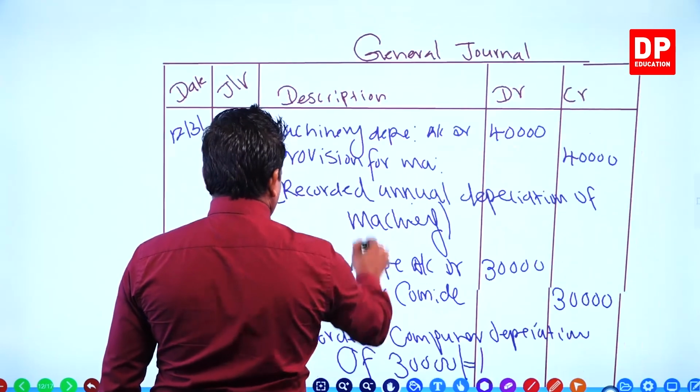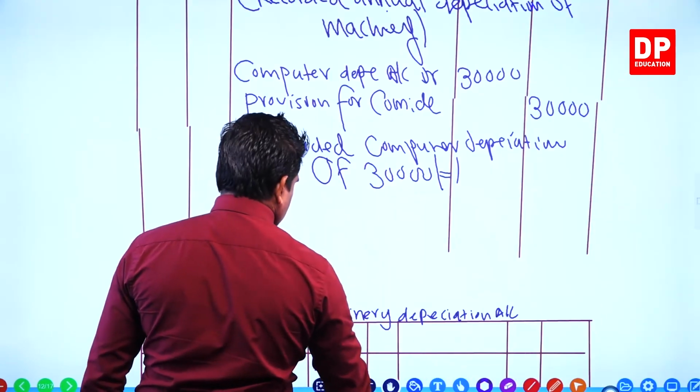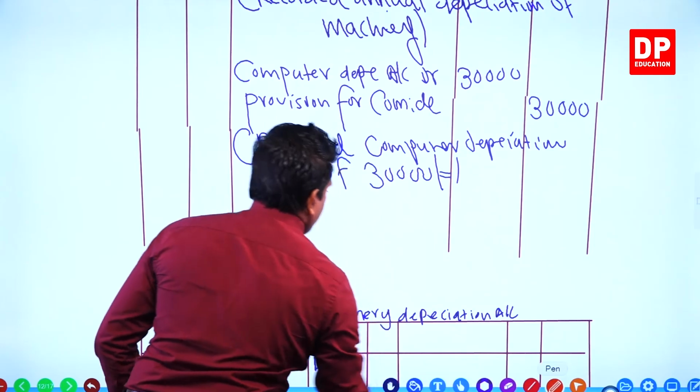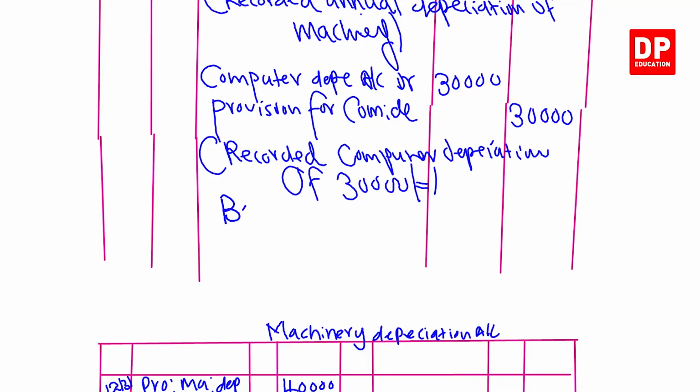What is the double entry? Double entry comes like this. Bad debts account debit 4,000, right?